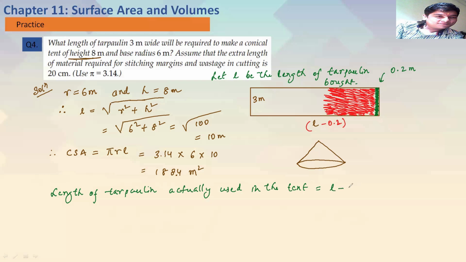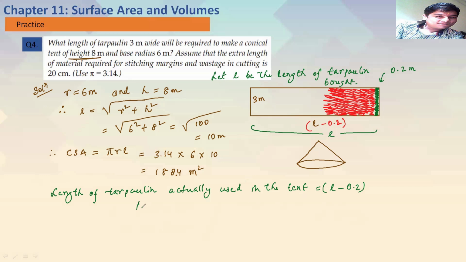Do you understand this? Yes, sir. Any doubts? No, sir. Because look, the total length from here to here is L. But then 0.2 is wasted, right? Yes, sir. So actually used in the tent is L minus 0.2.